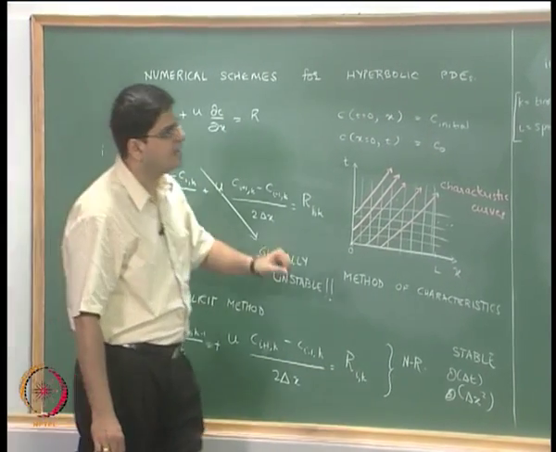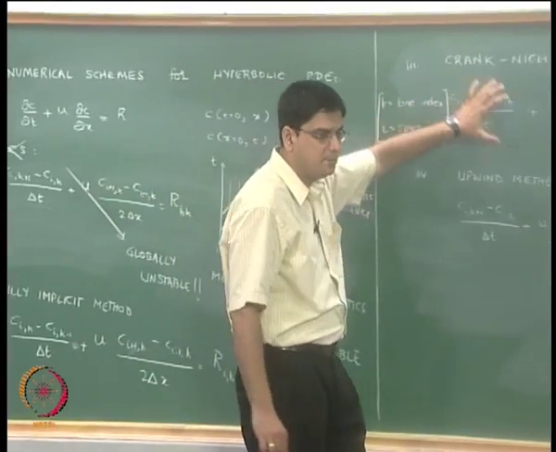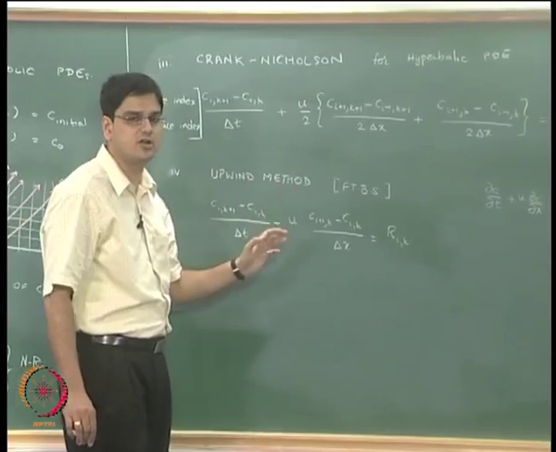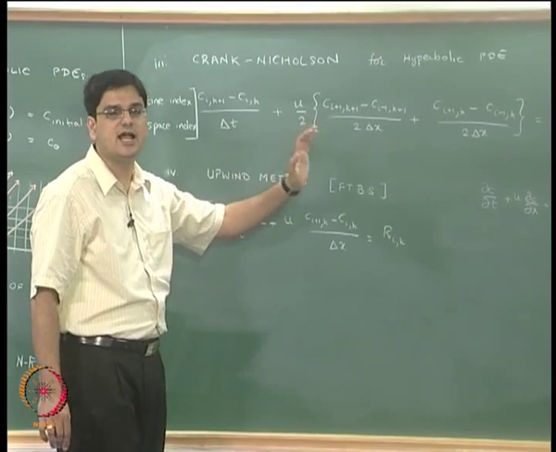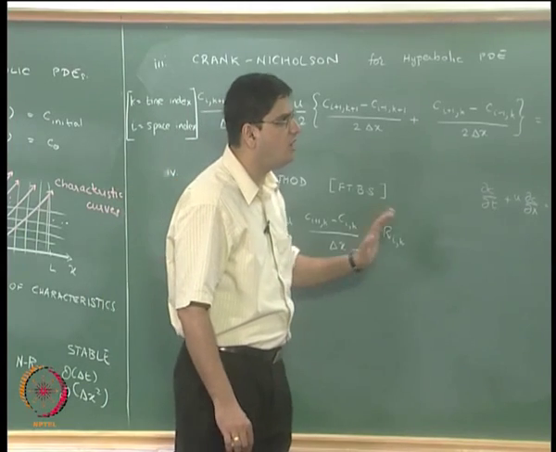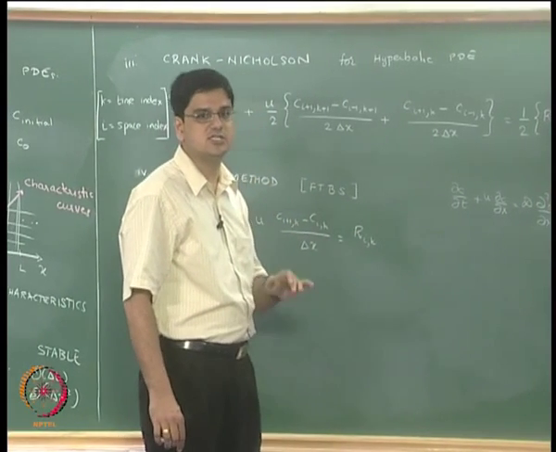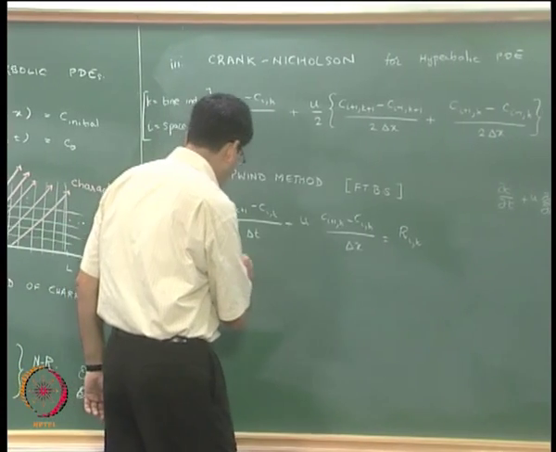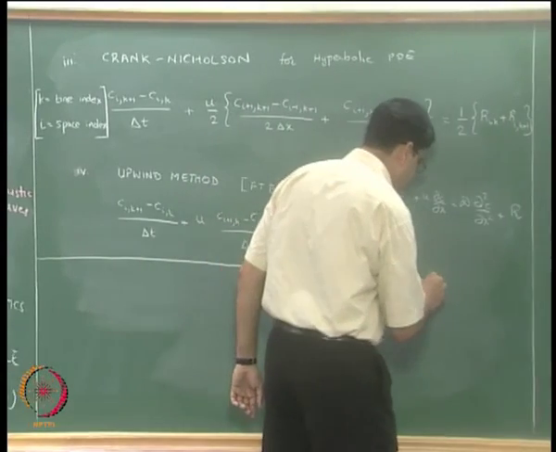Okay. And the Crank-Nicolson method is an implicit method, and therefore it is a globally stable method that is second order accurate in both space and time. So that is the overall overview of the finite difference methods that we can use for hyperbolic and parabolic PDEs. We will finish off with the finite difference method for elliptic PDEs.